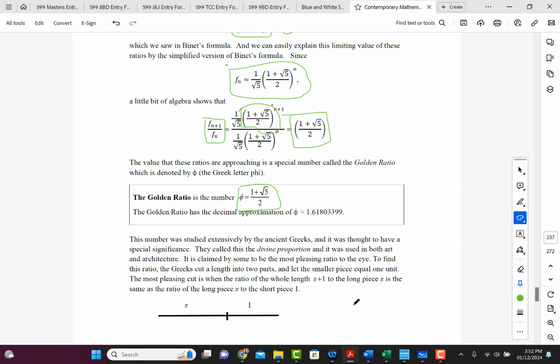Okay, so let me say that again. To find the ratio, the Greeks cut a length into two parts and let the smaller piece equal 1 unit. So here it is. So this would be 1 unit.